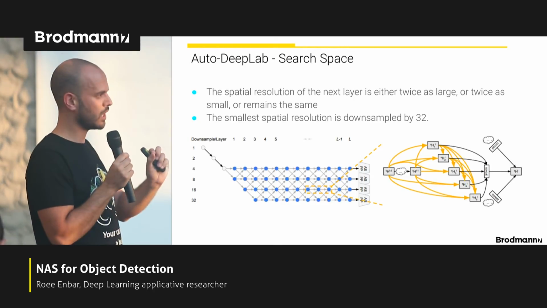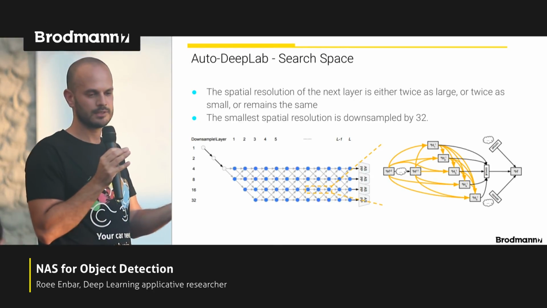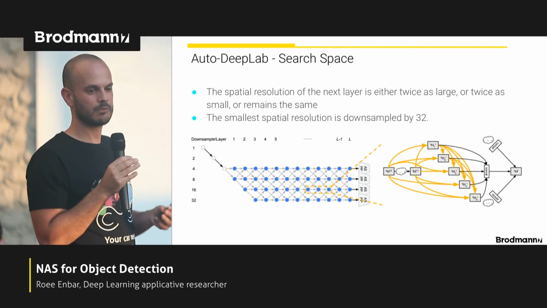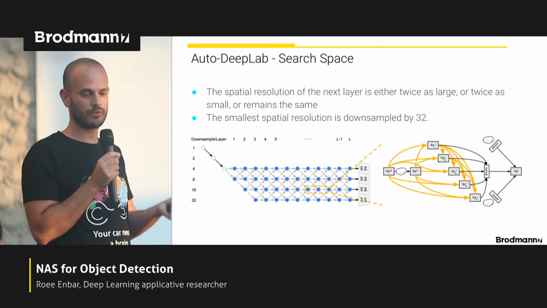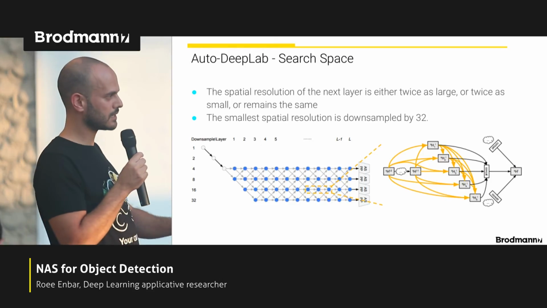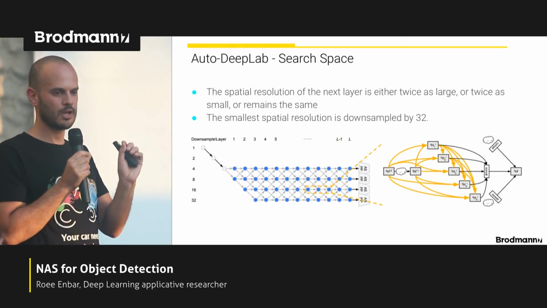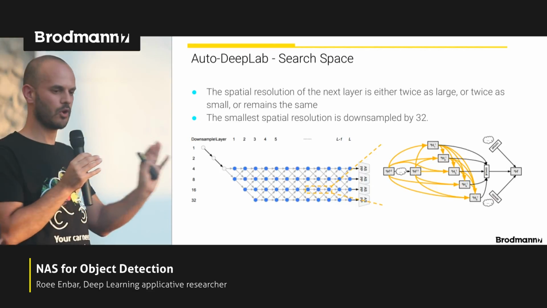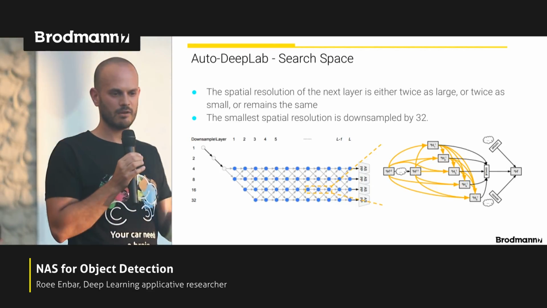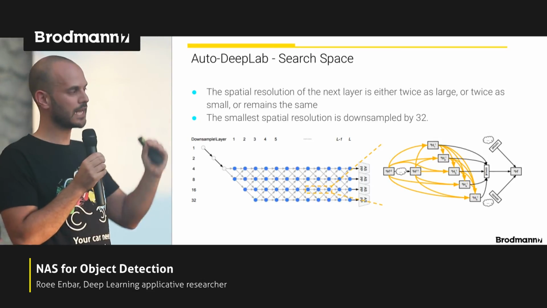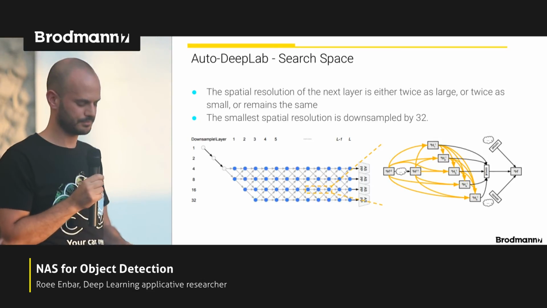And each blue dot here is actually a cell, a small network that I'm trying to find the best structure for. Now, the cell structure is shared amongst all nodes. So I have only one group of parameters for my cell, and I have the network parameters per node.